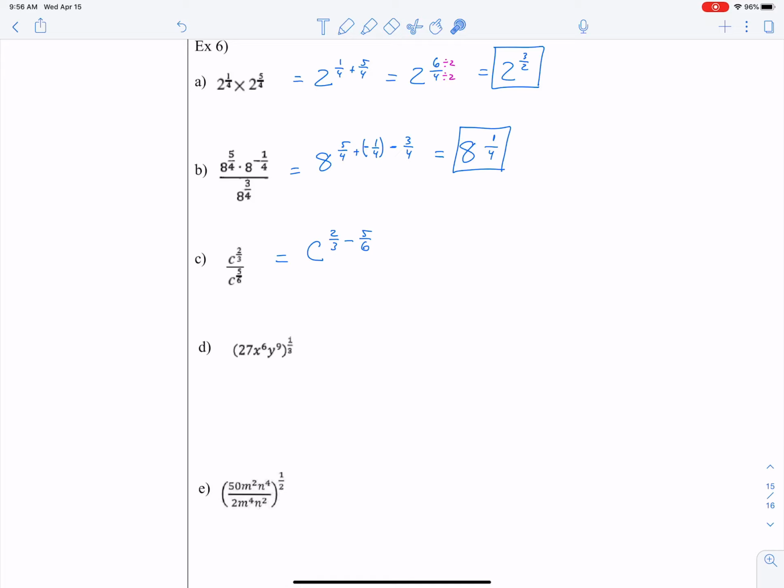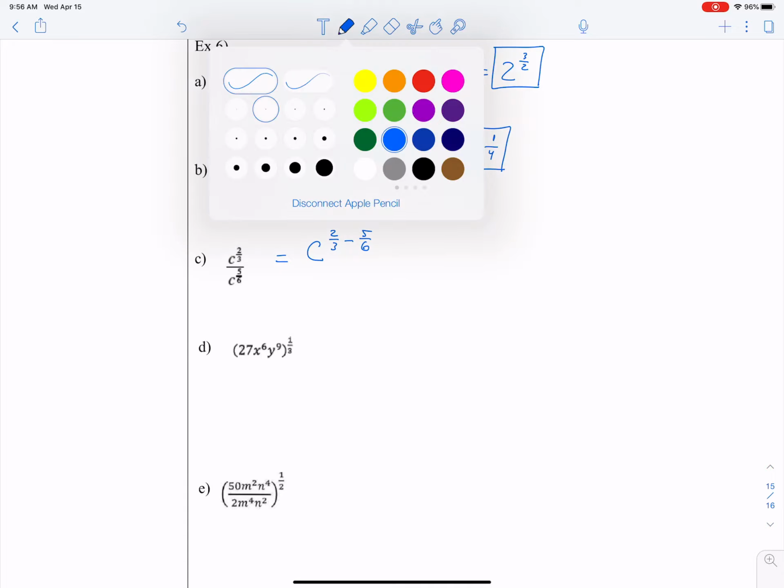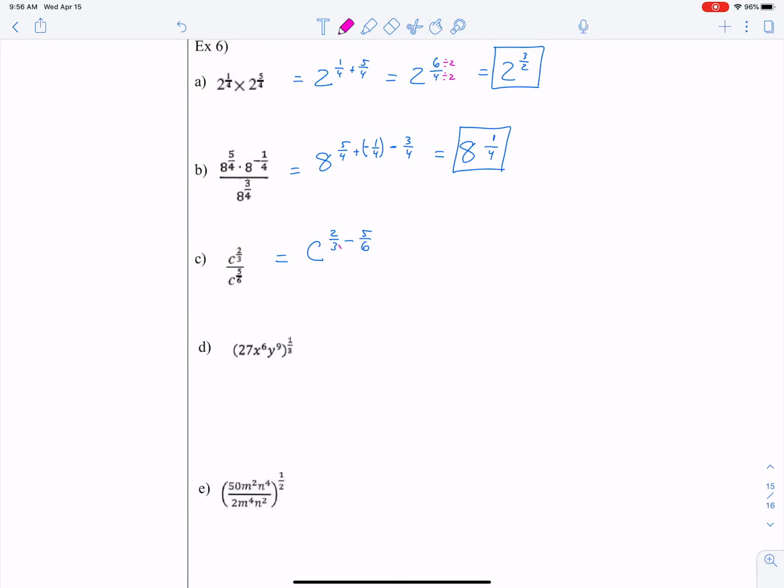So the easiest thing would be to change this denominator to be a 6, and then we don't have to do anything to this. So to make this into a 6, we're going to multiply this by 2. Whatever we do to the bottom, we have to do to the top. So we get c to the 4 over 6 minus 5 over 6. So we get c to the minus 1 over 6.